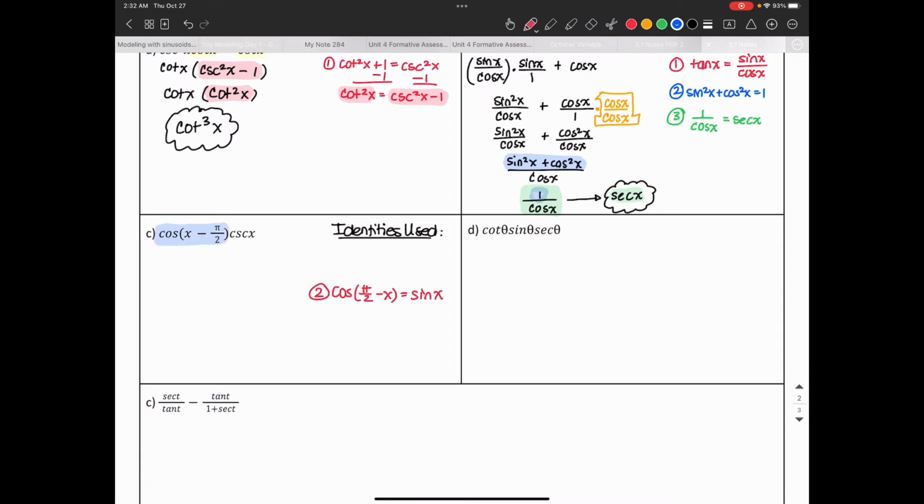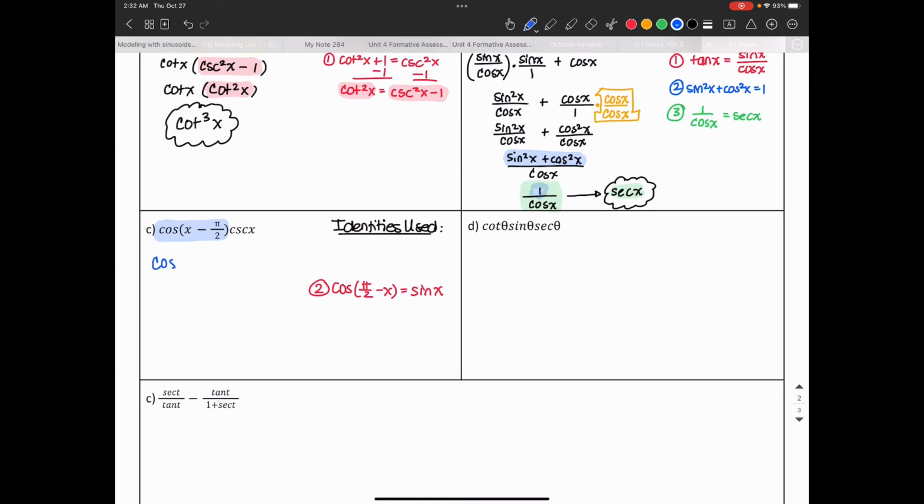What I could do is rewrite this as cosine of pi over 2 minus x, which is what I see here. If I think about what kind of function cosine is, is it odd or even? Flipping these things to their opposites would really be like putting in this, but the negative version.